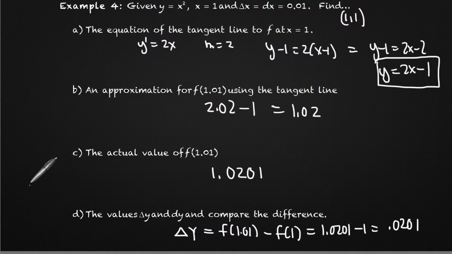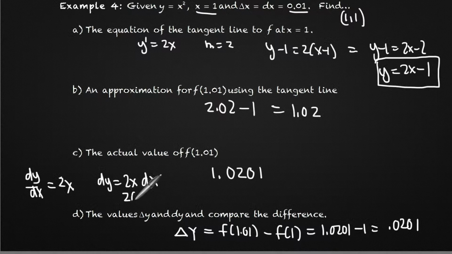Now, the question is, how could we get an approximation of this change in y value? That's where the differential comes in. So dy/dx is equal to y prime, so that's 2x. And we multiply both sides by dx, so dy is going to be 2x dx. All right, so x in this problem is 1. dx is 0.01, so 2 times 1 times 0.01 is going to end up being 0.02.